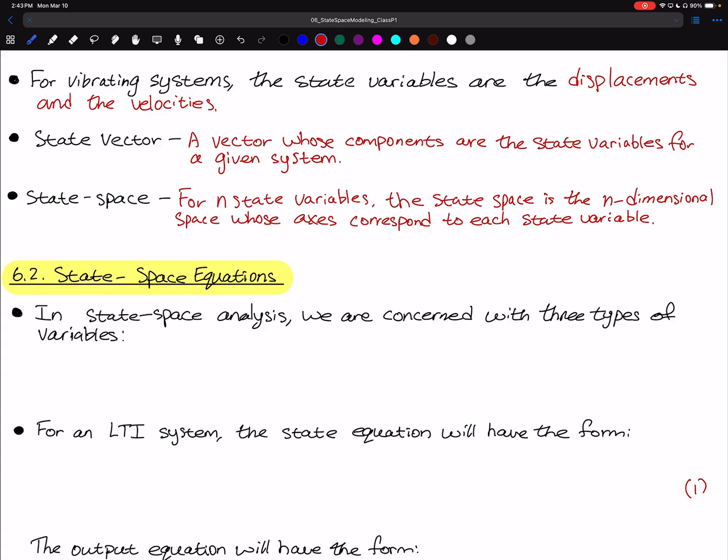For a harmonic oscillator, if you were to plot velocity versus displacement, that would be the state space.